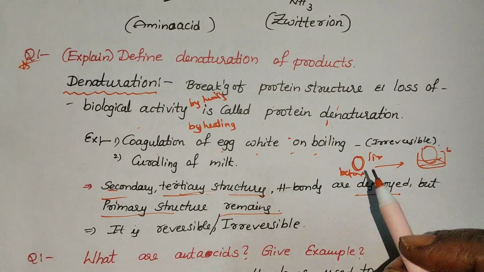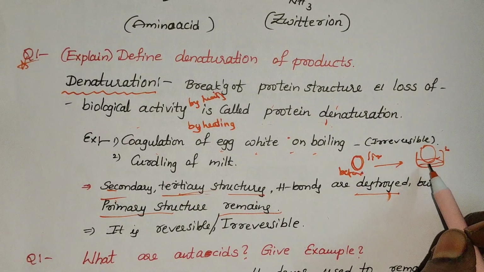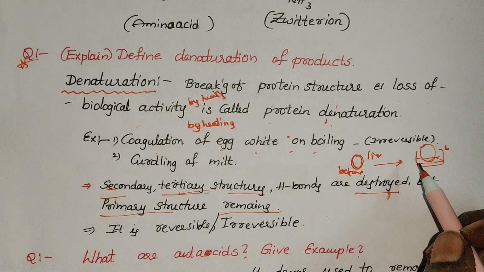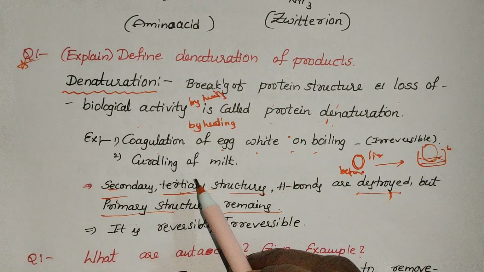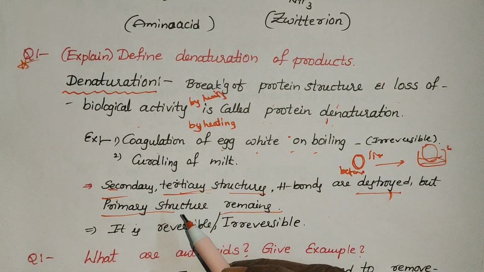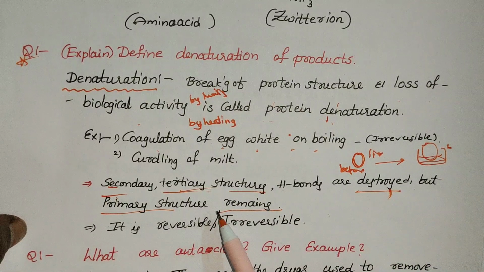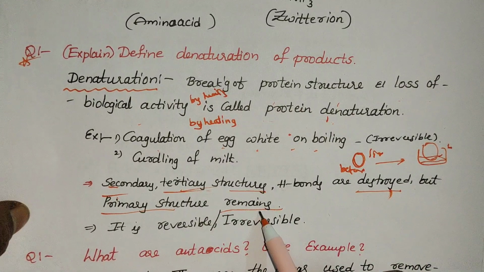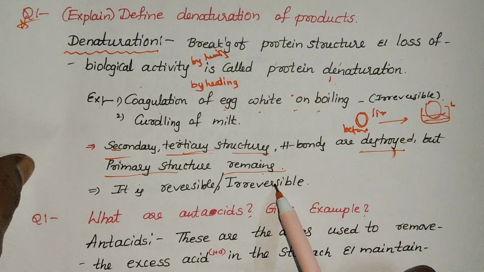Simply you have to remember, if you take the egg, before boiling it is a liquid, after boiling it is a solid. So, especially coagulation of egg white on boiling. Next, curding of milk. Secondary and tertiary structure hydrogen bonds are destroyed but the primary structure remains the same. It can be reversible, but most of the times it is an irreversible condition.